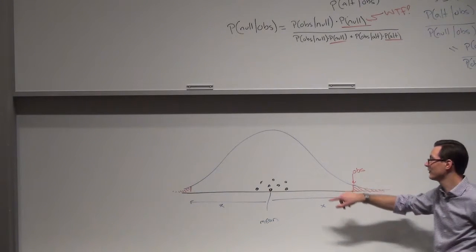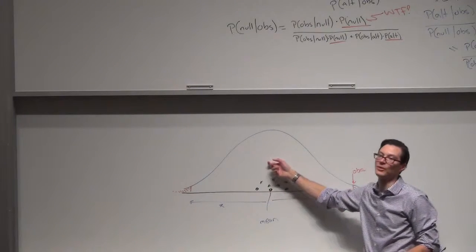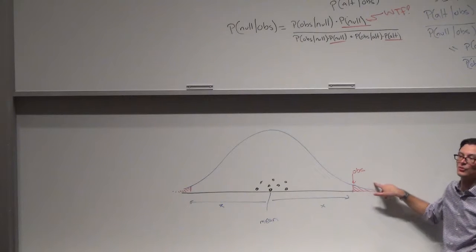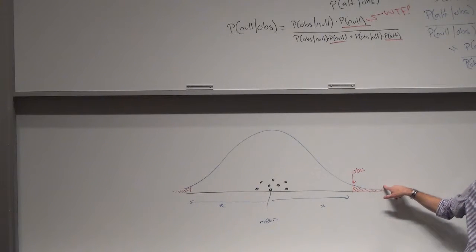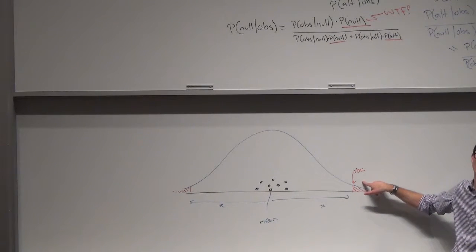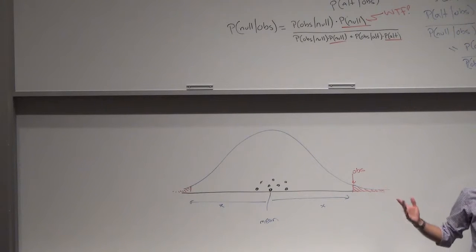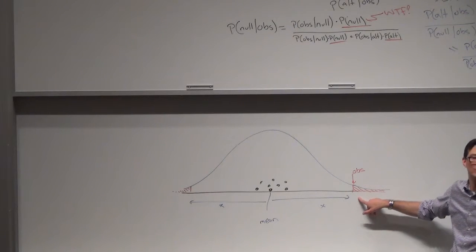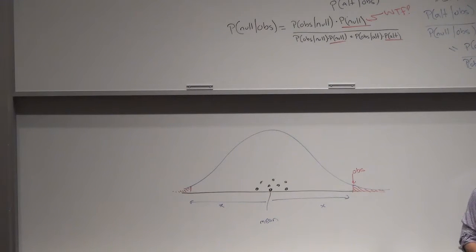Now remember, if we had infinite resources, we could keep sampling groups of 6 mice, and probably at some point we would get a few groups of 6 mice all the way out here. So it's not like you're never ever going to see something as crazily different as you saw in your blueberry mice. So we really want to know, how likely is that to have been something that we would just happen by random repetition? All right.